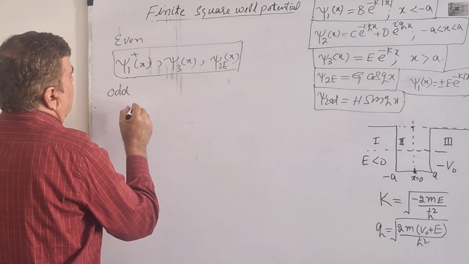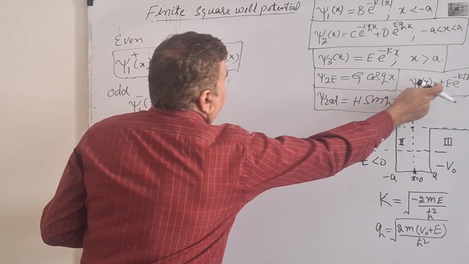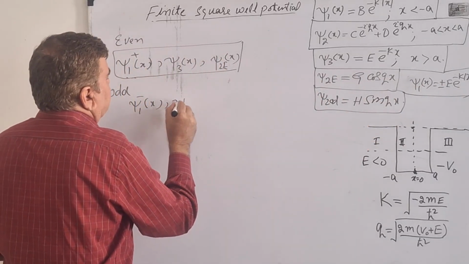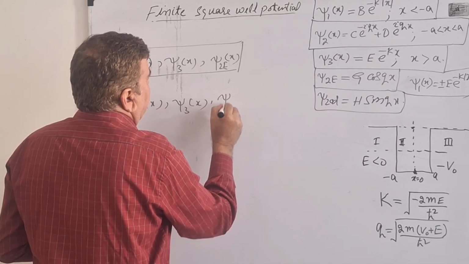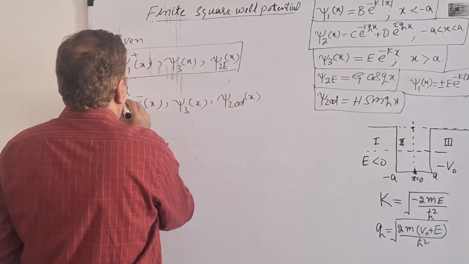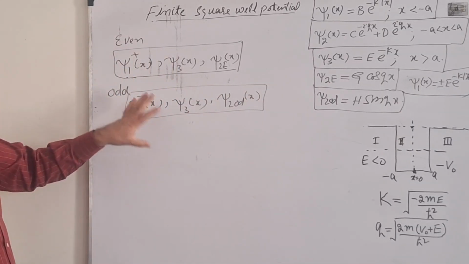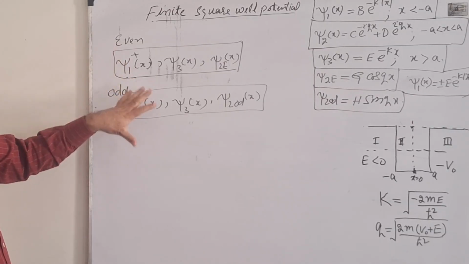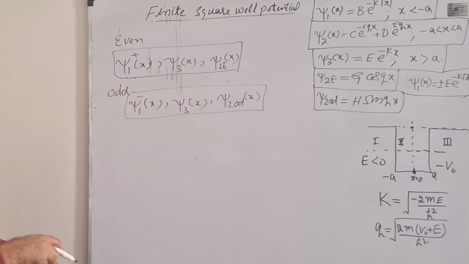So the odd ones are psi 1 of x with negative sign, psi 3 of x, and psi 2 odd of x. So we have two different sets of function, and we want to analyze the behavior or the energy spectrum of these two sets of wave function.